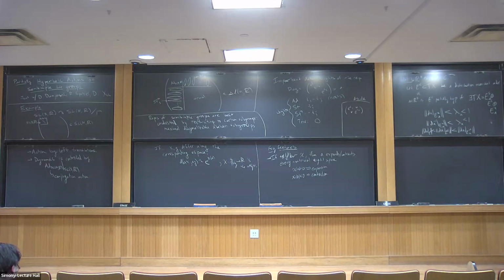So the other two are just continuous. In EC, I think I'm not assuming smoothness. I'm assuming probably Holder. Okay.